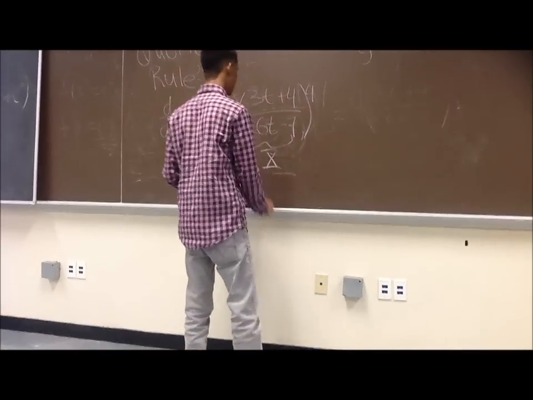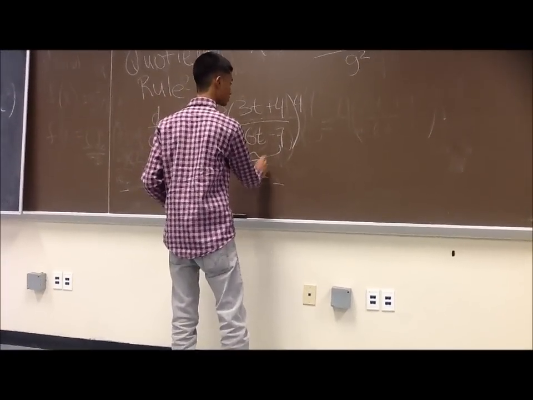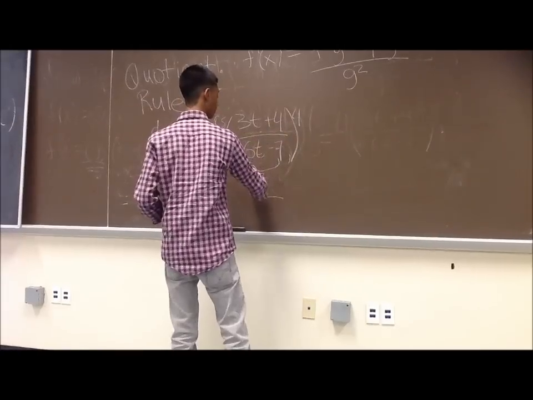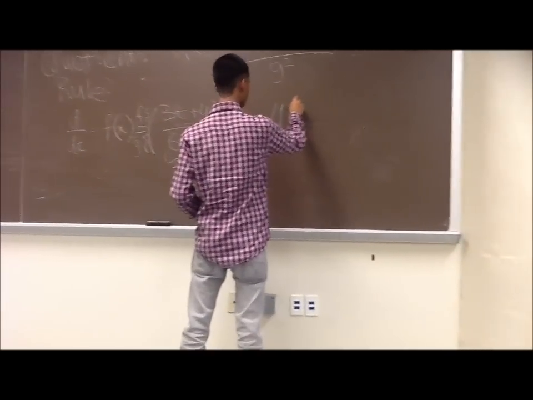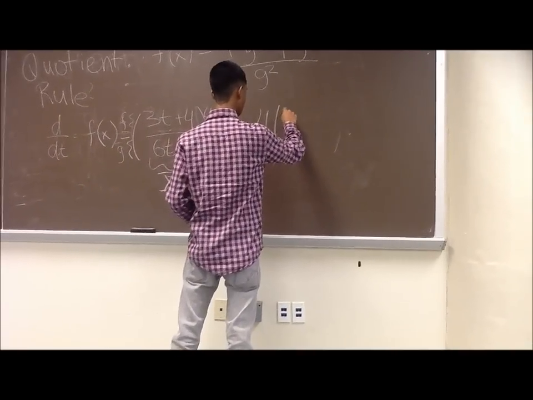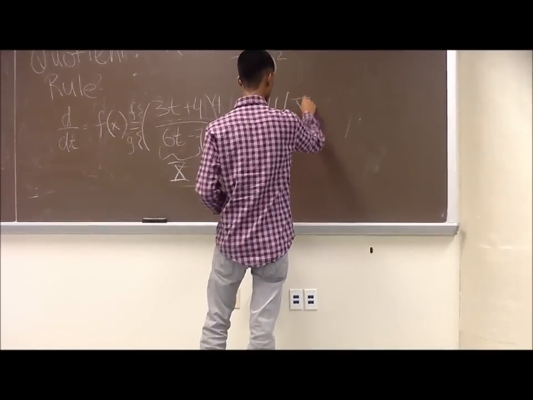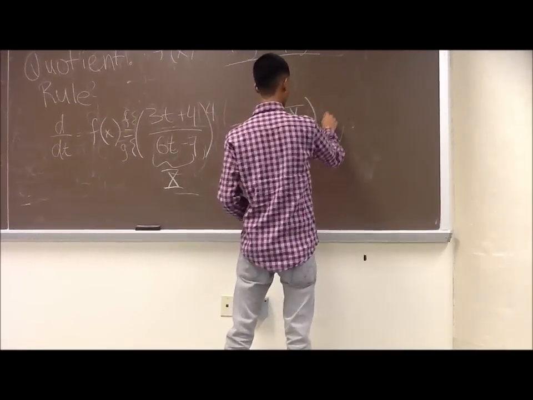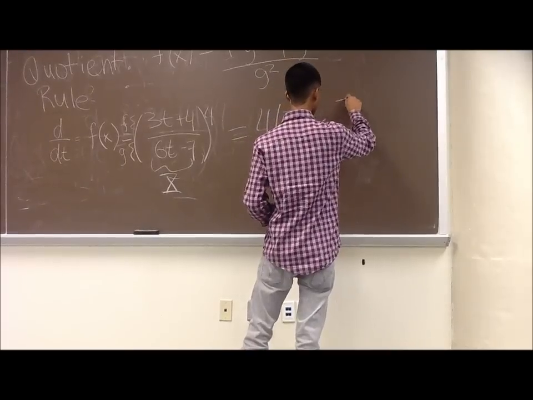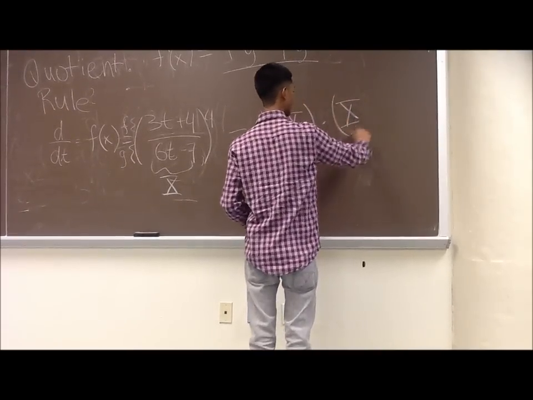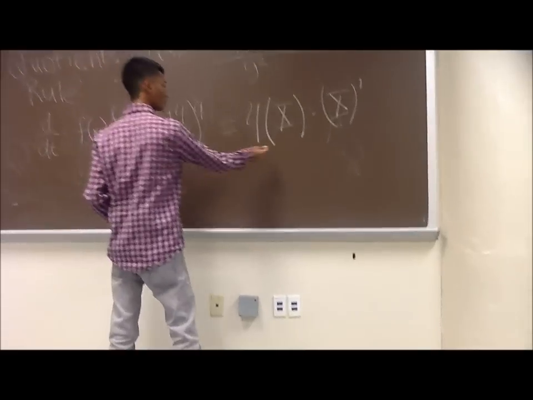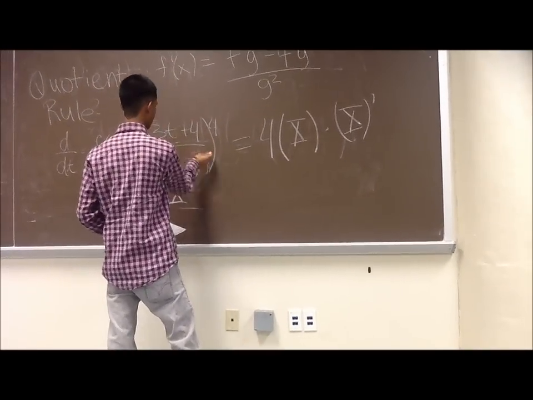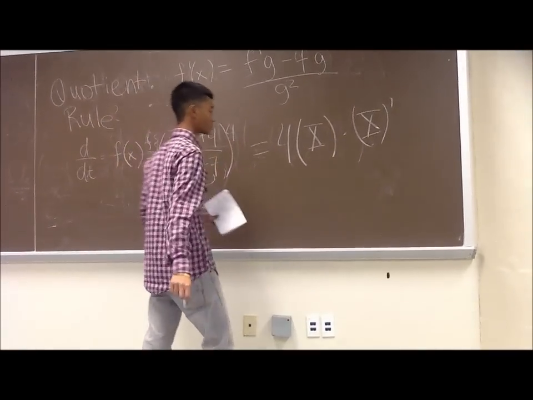So we're just going to first find the derivative of this, which would be 4 big X times big X prime. Now, in the big X, you substitute.